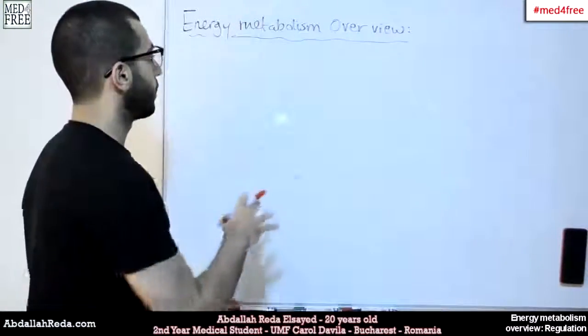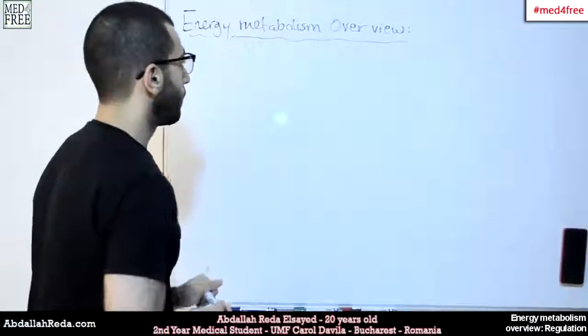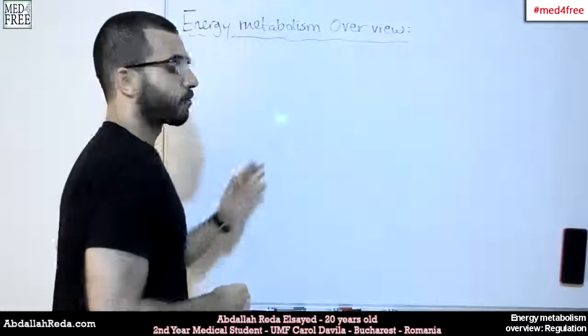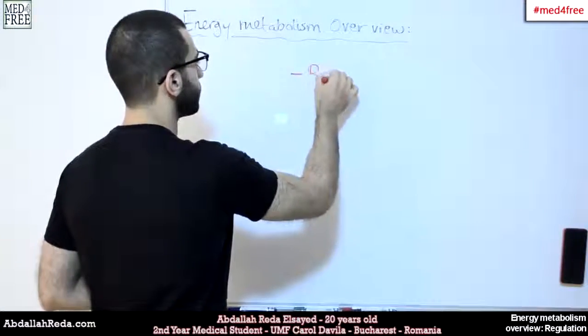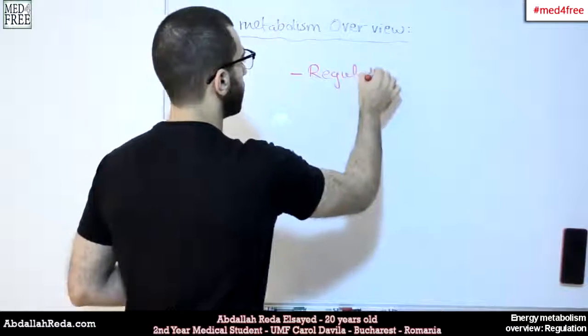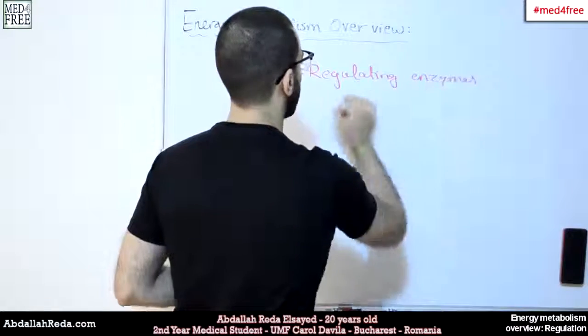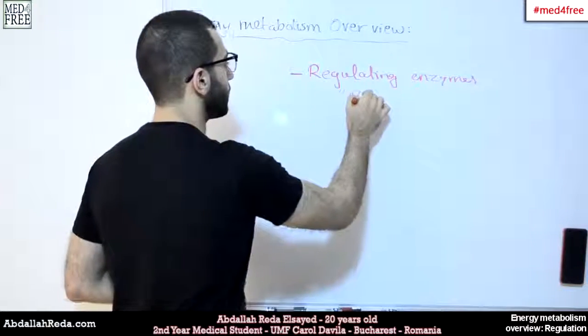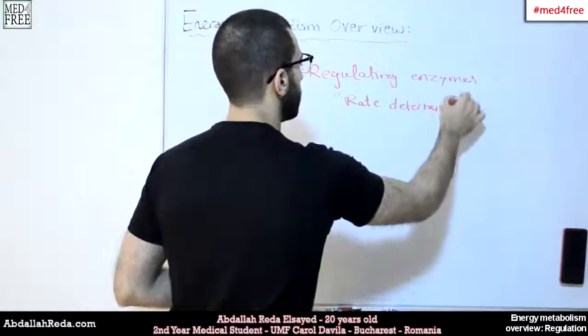Finally, I'd like to talk about the regulation of this energy metabolism cycle. We have to know that throughout the cycle, we have regulating enzymes, which are called rate determining enzymes.